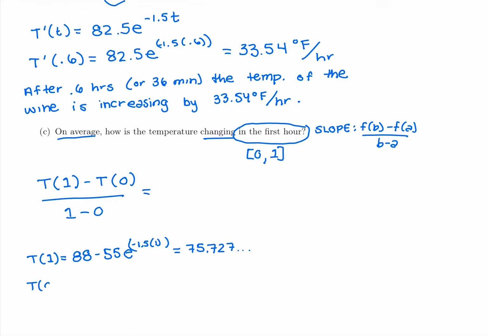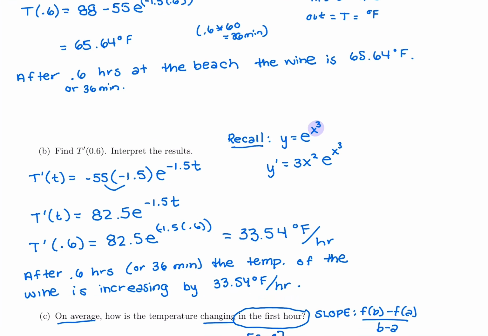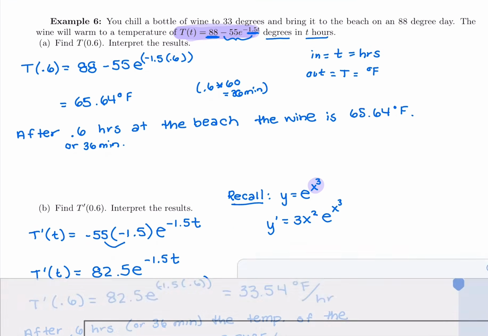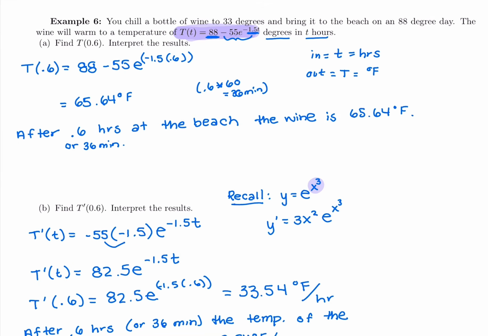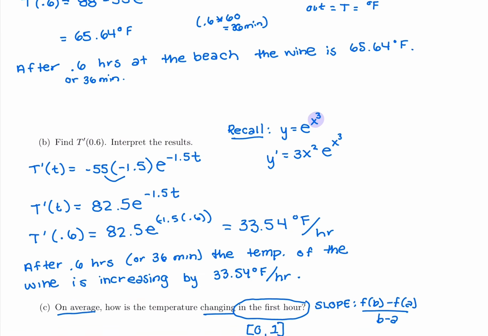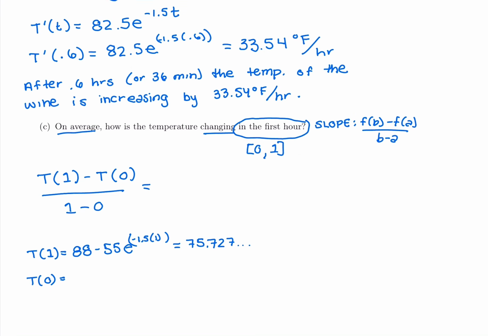So I'm going to write down that whole amount or keep it in my calculator. But I also need to plug in t of 0 or read the problem. So I can plug in 0 into the equation, and I'm going to get the same answer as I do if I read the problem. You chill a bottle of wine to 33 degrees. That's our time when we arrive. So I can either plug in 0 to this, 88 minus 55 e to the negative 1.5 times 0, or I can just read the problem, because either way, I'm going to get 33 degrees.